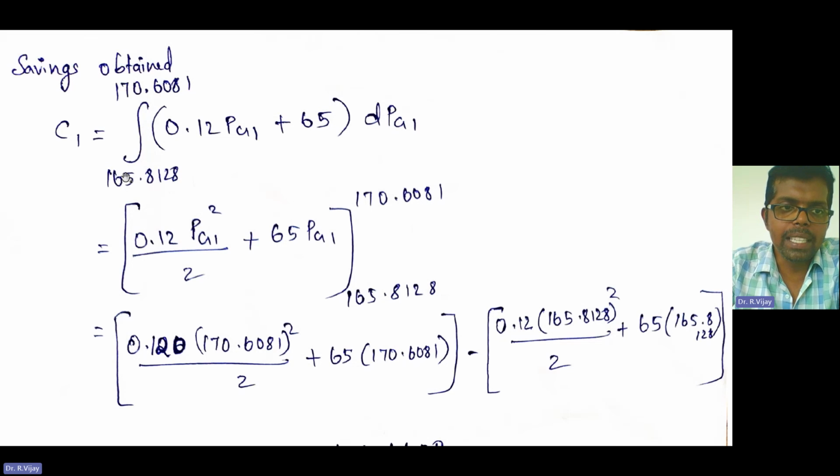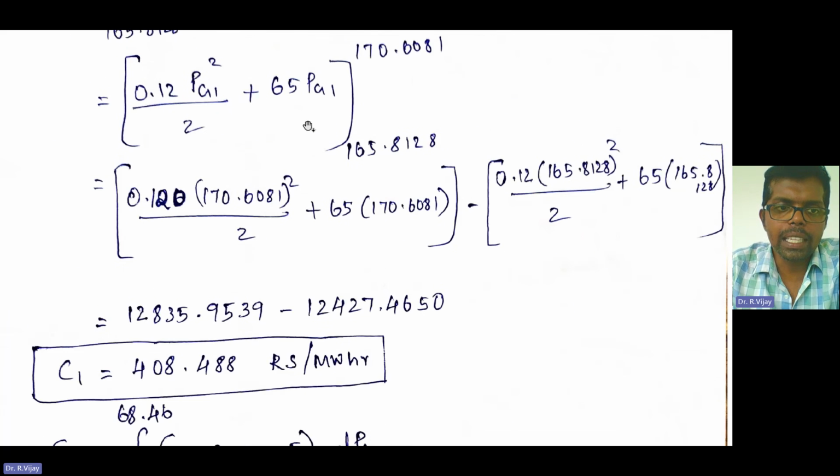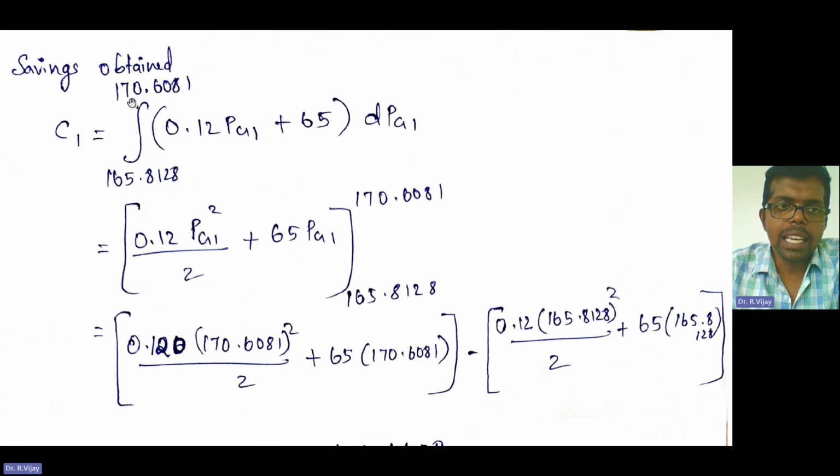How do we choose the limits? The value we got, 165.8128, we need to take as the lower limit. And the initial value we got, 178.6081 megawatt, is the upper limit.